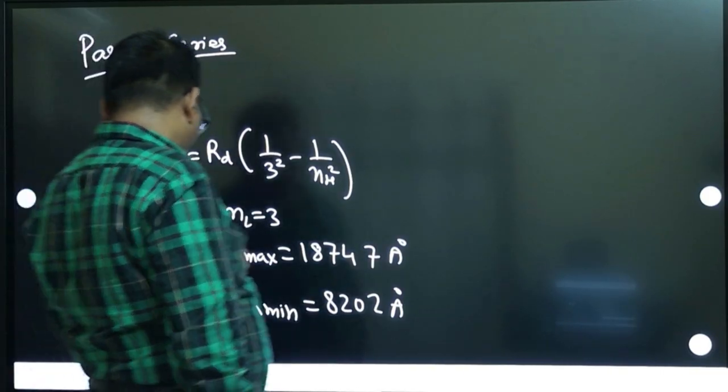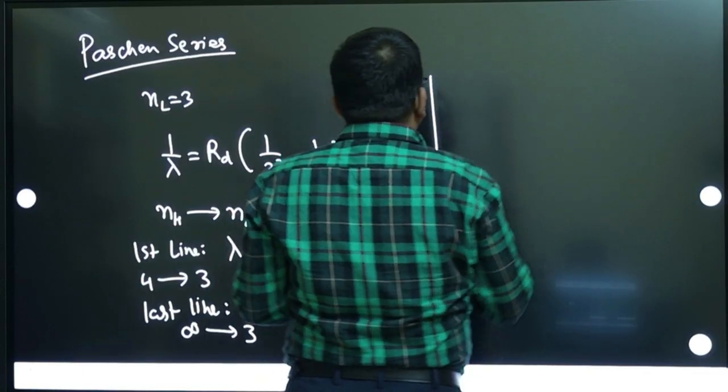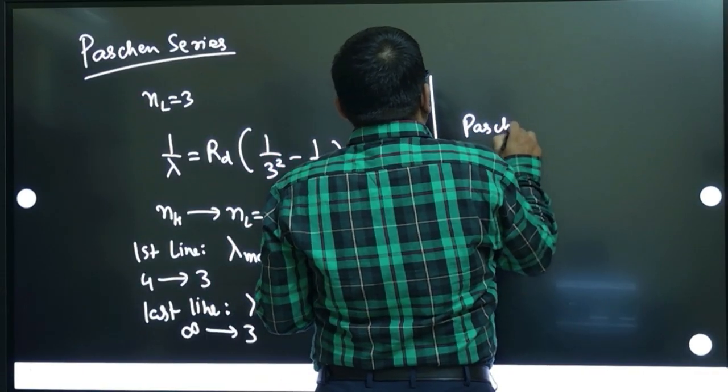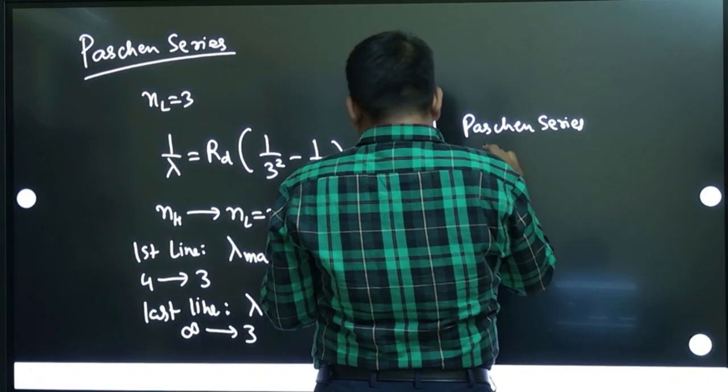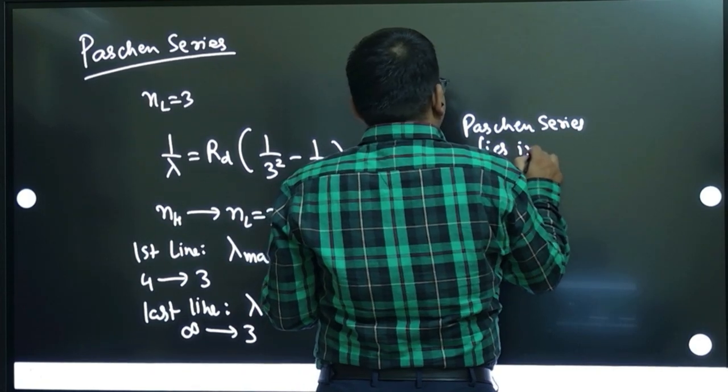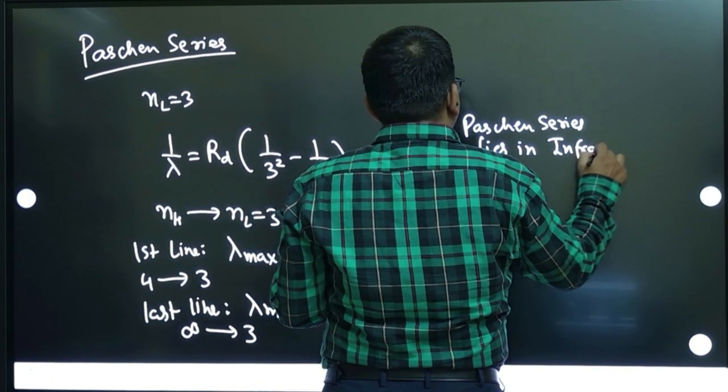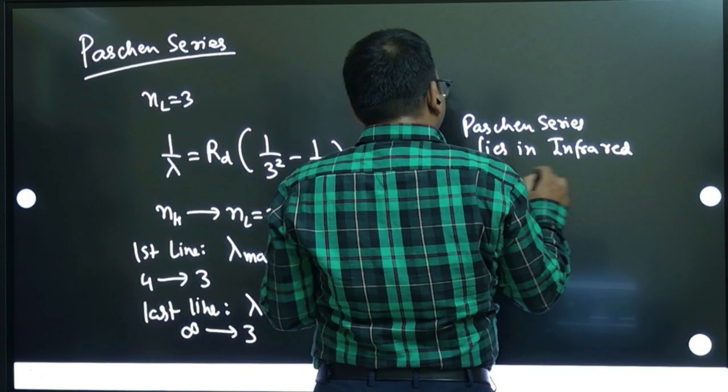Like this. And we should note the important thing that Paschen series lies in the infrared region.